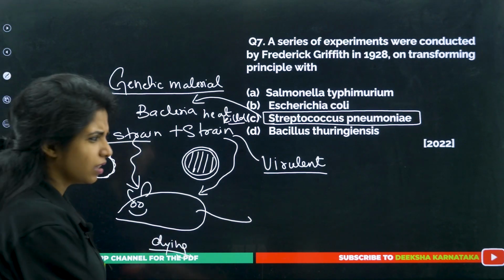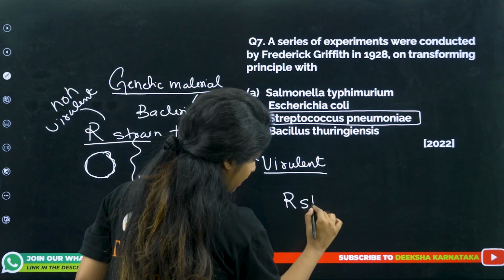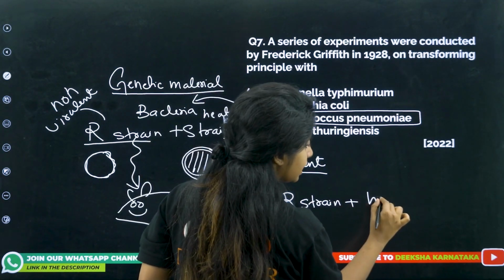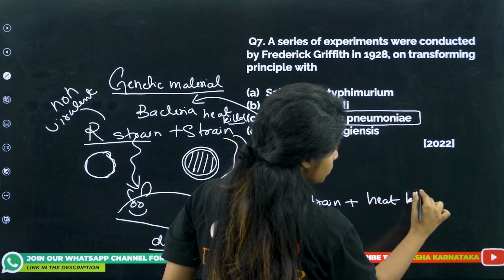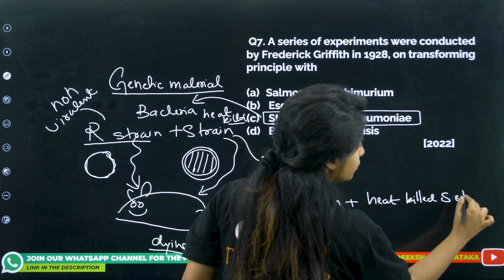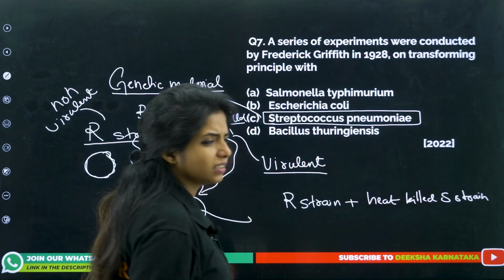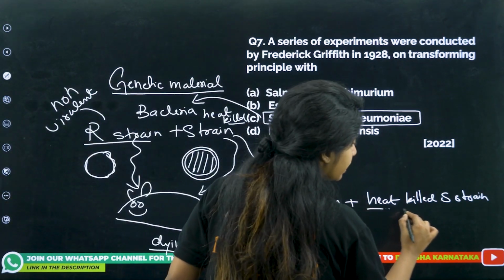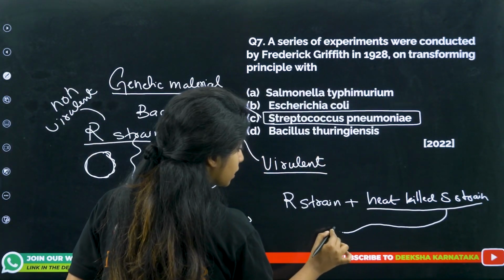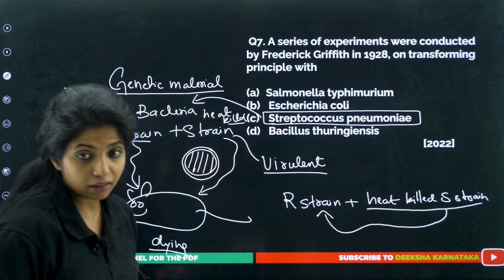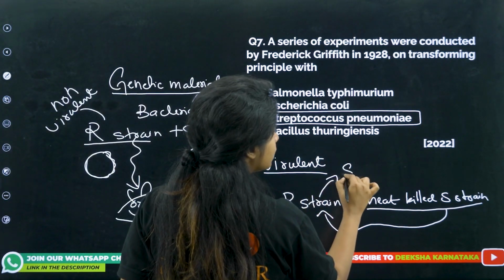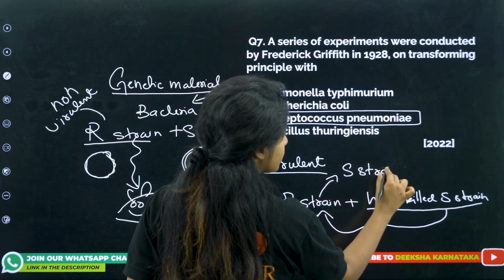So he was like, I put the R strain, I agree, but R strain was non-virulent, and I mixed it with heat killed S strain, which was also not causing any trouble before. How did things happen? So probably he came to a conclusion that this heat killed S strain might be passing something to this R strain when they are mixed together, which is making this R strain convert into an S strain.